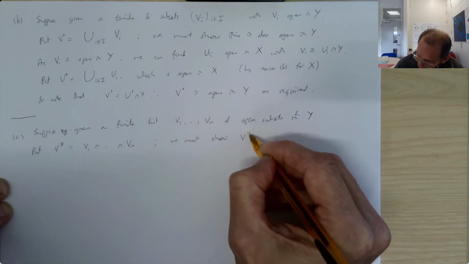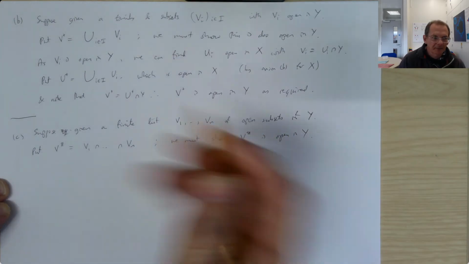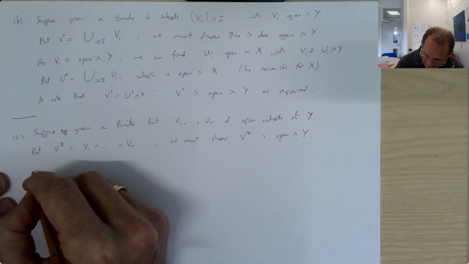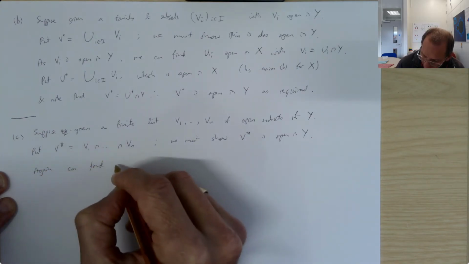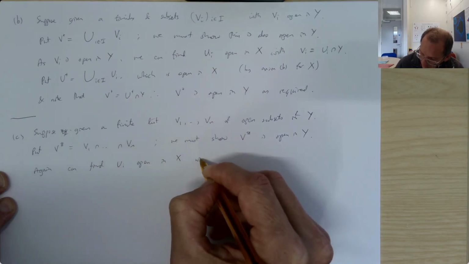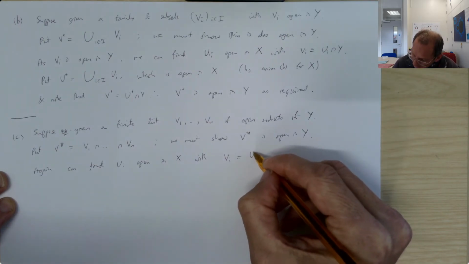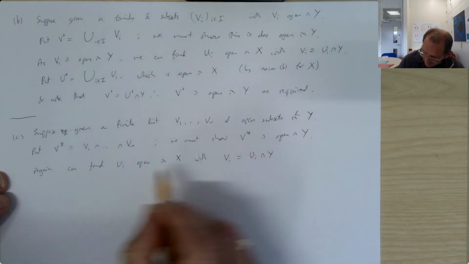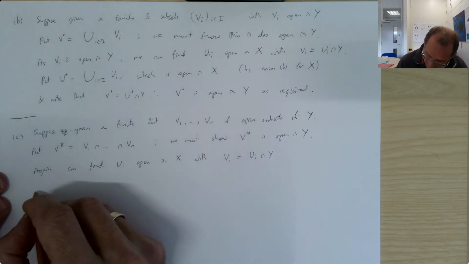You need to show that V upper hash is again open in Y. And the proof's more or less the same as the previous thing. Again, you can find Ui open in X with Vi being equal to Ui intersect Y. That's because Vi is assumed to be open in Y, and that's the definition of what that means.